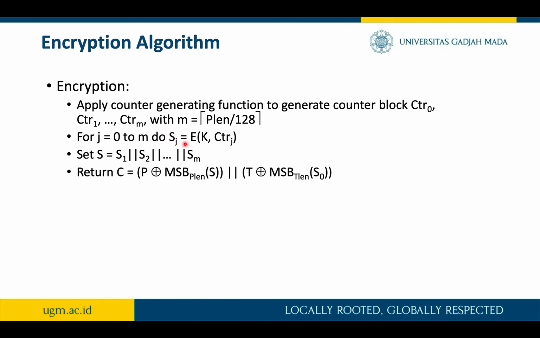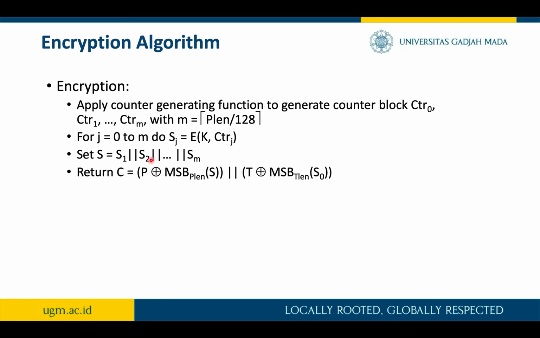The key stream is the result of the encryption of the counter with the key. So we will have S1, S2, and so on until Sm, if we divide the plain text into M blocks.